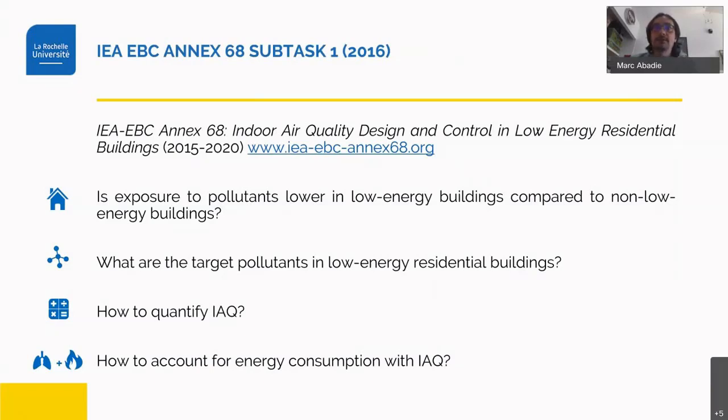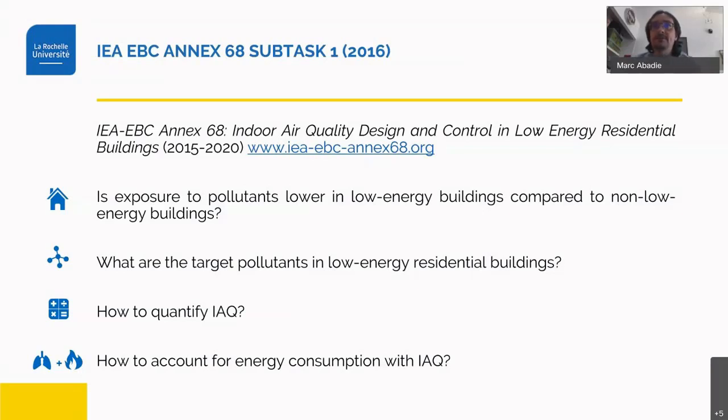The second question was: what are the target pollutants where we should take care in this annex for low energy residential buildings? Then, how to quantify the indoor air quality, so it's the question of the metrics. And the last one was to account for the energy consumption related to indoor air quality.